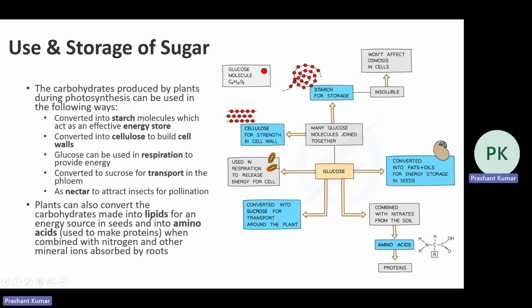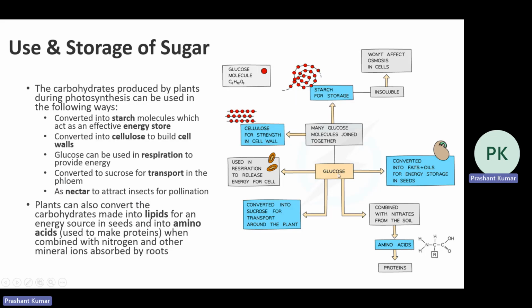Maybe glucose is directly used for the respiration process. Maybe glucose is converted into a disaccharide, sucrose, so that it can get transported, right? Or it may form nectar to attract insects, which can help in pollination.